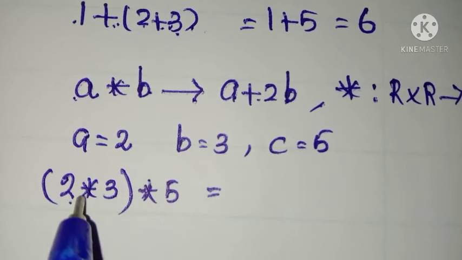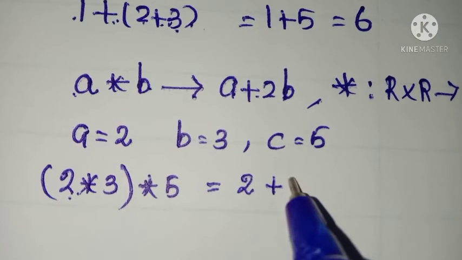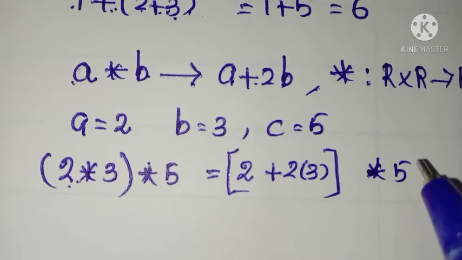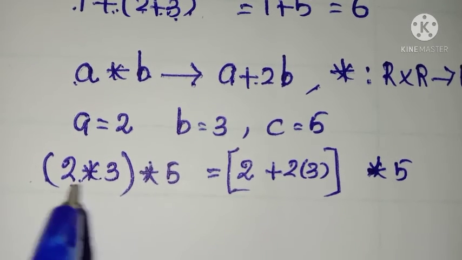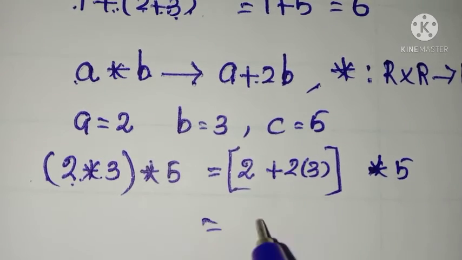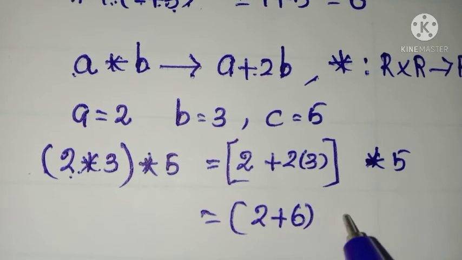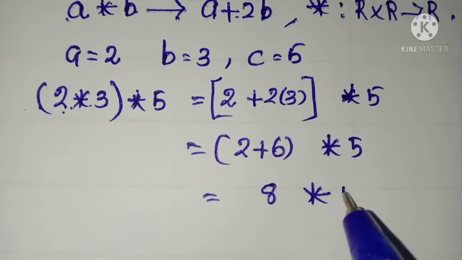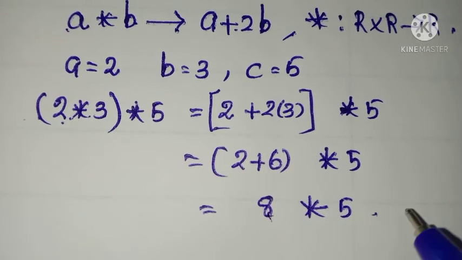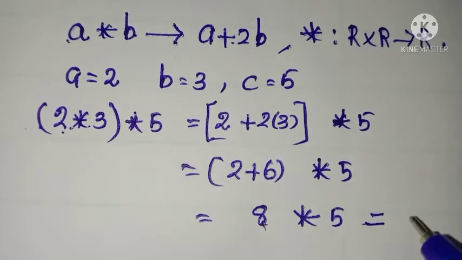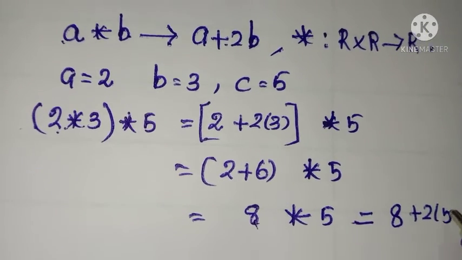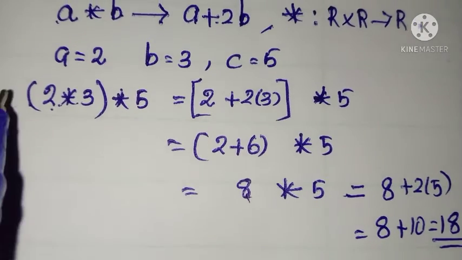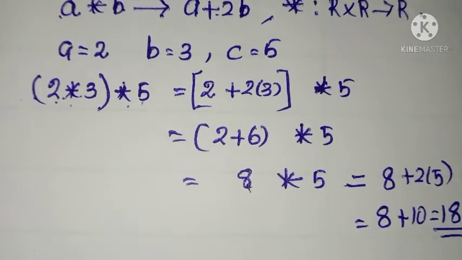So what is 2 star 3? That is 2 plus 2 into 3. The star operation is defined for the first bracketed elements. So this gives 2 plus 6, which is 8, then 8 star 5. Again, by definition, 8 star 5 is 8 plus 2 into 5. That is 8 plus 10, which gives 18. So (2 star 3) star 5 gives 18.